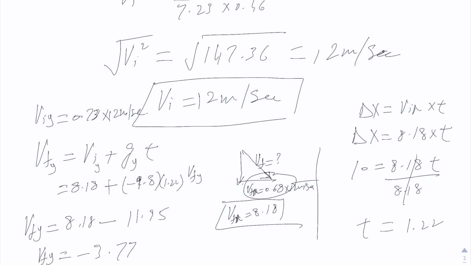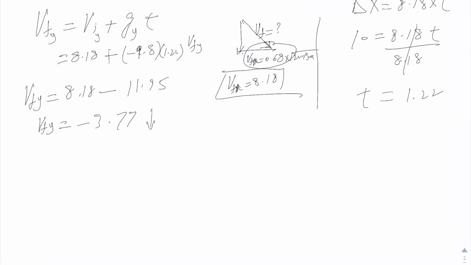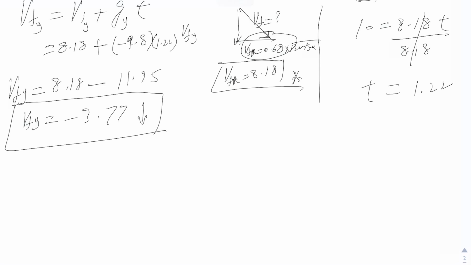As the y component of the final velocity is pointing downwards, that's why it's negative. So now we have the information for the y component of the final velocity, and we have the value for the x component of the final velocity. So we have these two pieces of information.